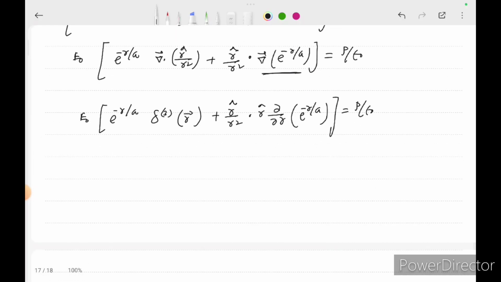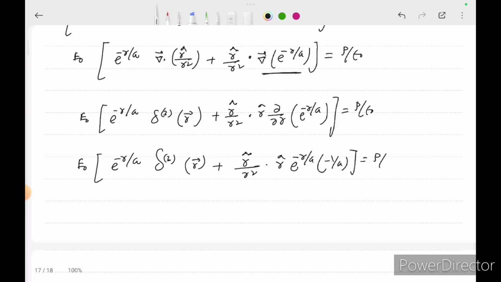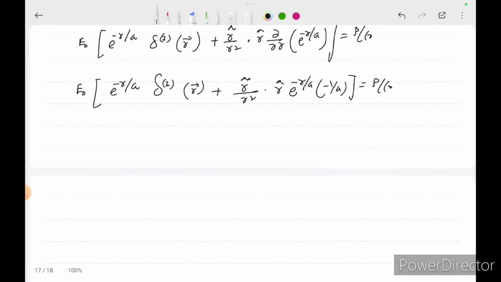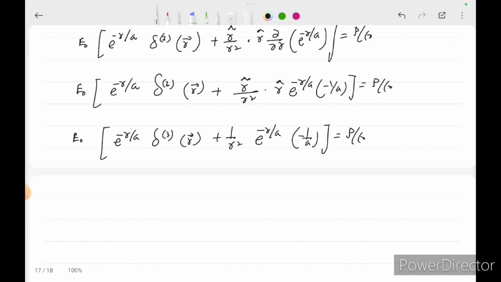So that is E0 e to the power minus r upon a delta cube r vector plus r cap upon r square into r cap, where r cap dot r cap is 1, so we get e to the power minus r upon a delta cube r vector plus 1 upon r square e to the power minus r by a times minus 1 by a, equal to rho upon epsilon naught.